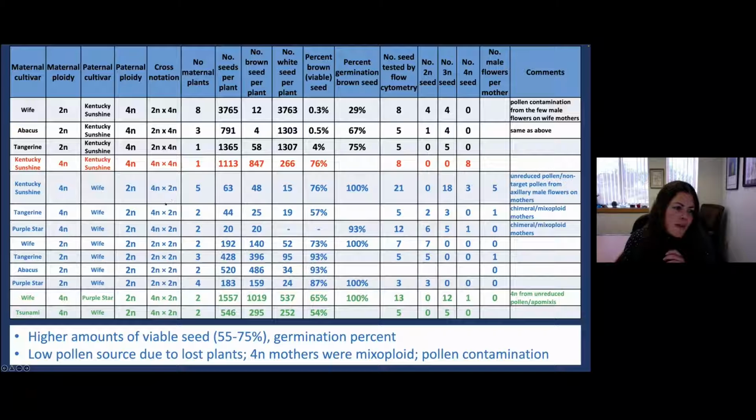We know that autoflowers, although not tested, this is just an observation, don't convert to tetraploid as reliably as photoperiod, and we've likely had mixoploid parents here.